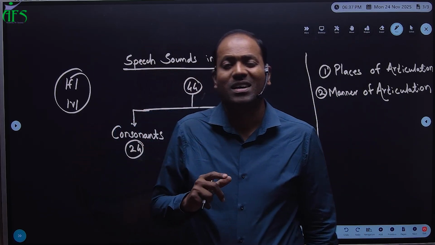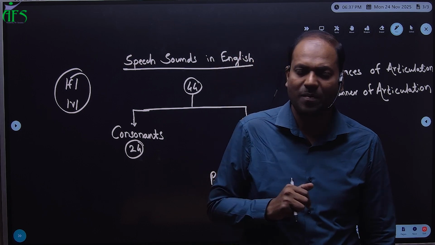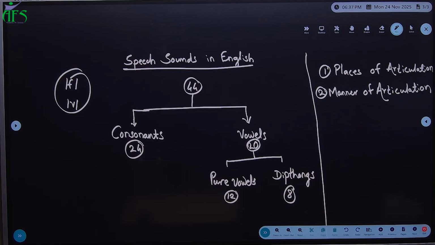What are the dental sounds in English? When you utter the sounds th, you can see that these two th sounds are the dental sounds in the English language. Did you understand dental sounds?